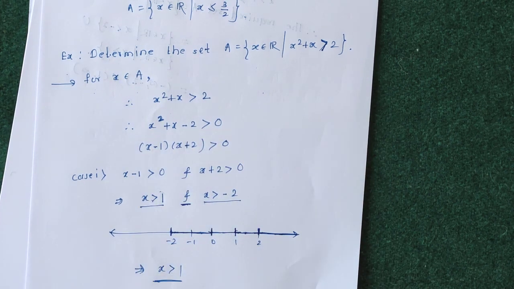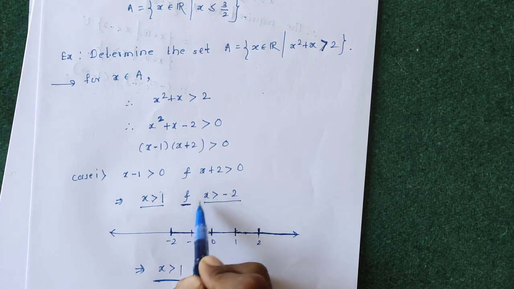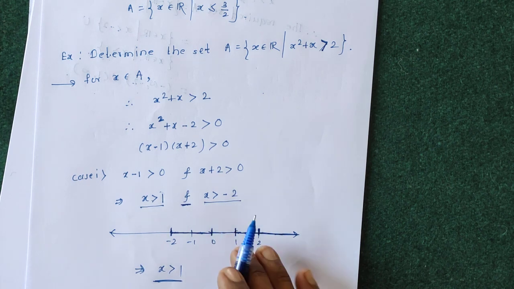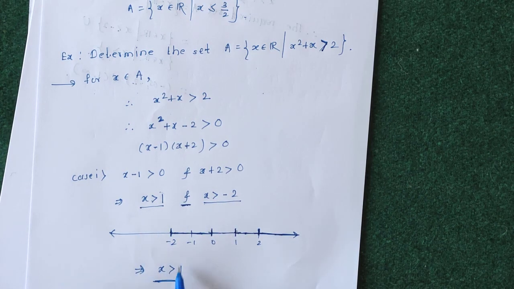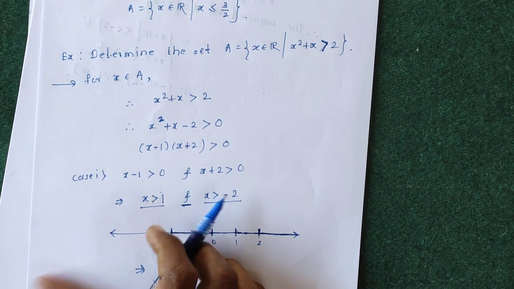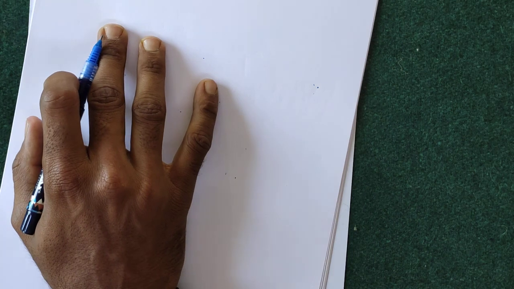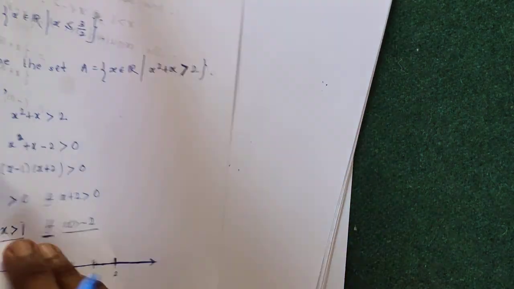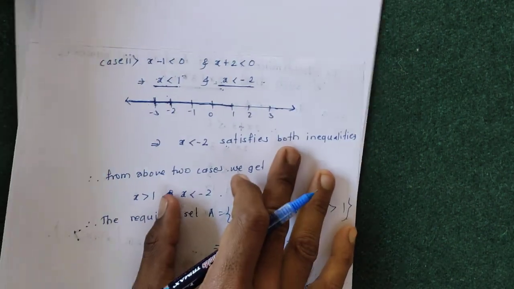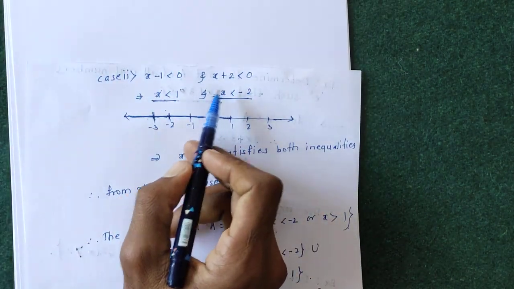From the first case we get x greater than 1 and x greater than minus 2. We need the x which satisfies both the inequalities, so x greater than 1 satisfies both. In the second case we get x minus 1 less than 0 and x plus 2 less than 0.